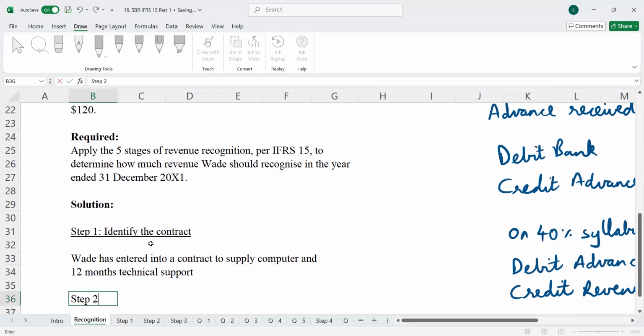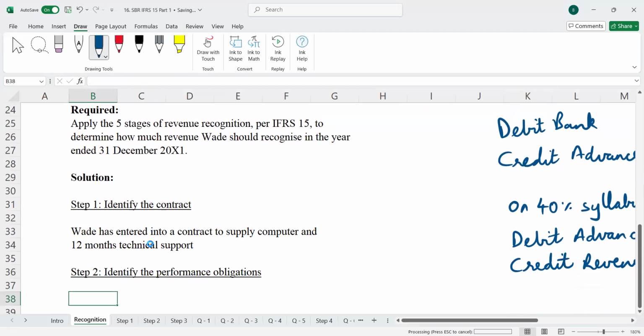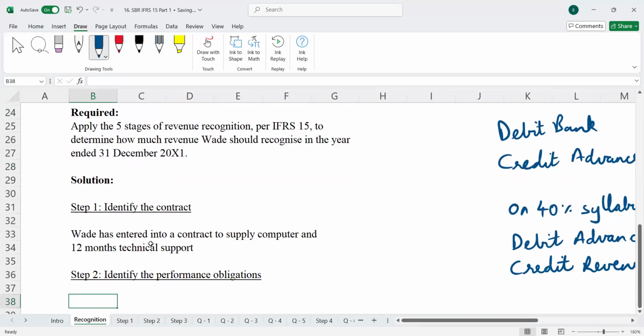Step two. Step two was identify the performance obligation. What are the performance obligations in this case? Supplying the computer and providing 12 months technical support.